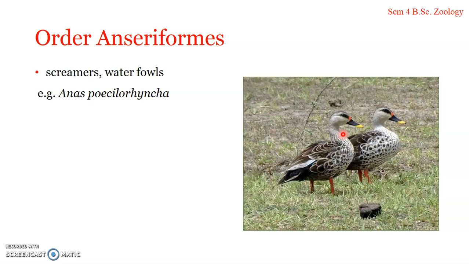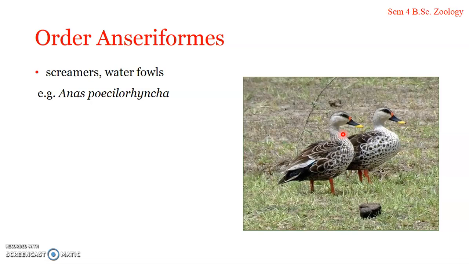Then margins of beak contain many transverse horny ridges. Tongue is fleshy. Legs are short and feet are webbed, suited for swimming in water. Then tail is usually short, consisting of many feathers. It includes aquatic birds such as ducks, geese, swans, etc.